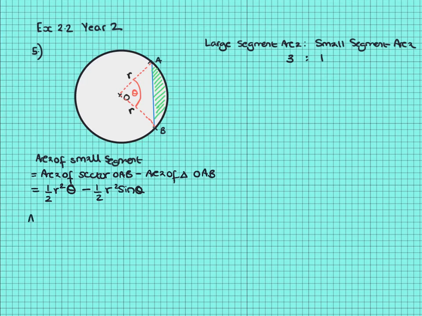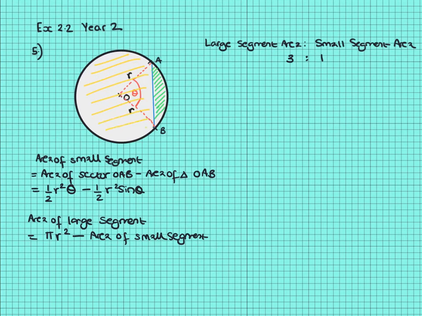Now, the area of the large segment will then be the area of the whole circle, which is pi r squared, take away the area of the small segment. And by the area of the large segment, we mean this area here.